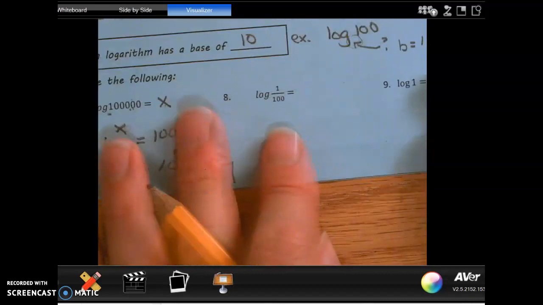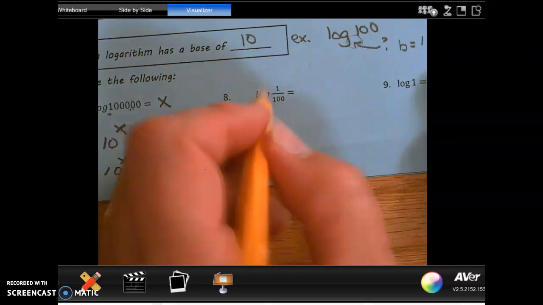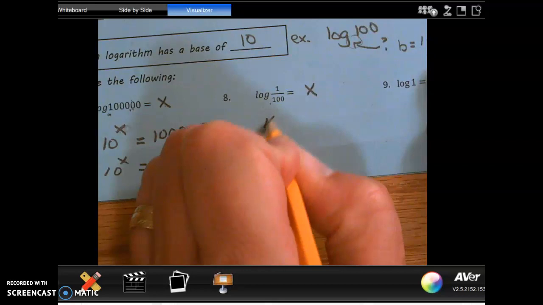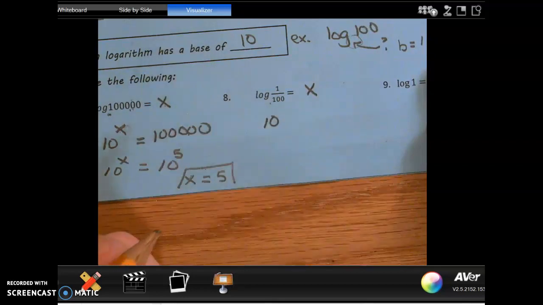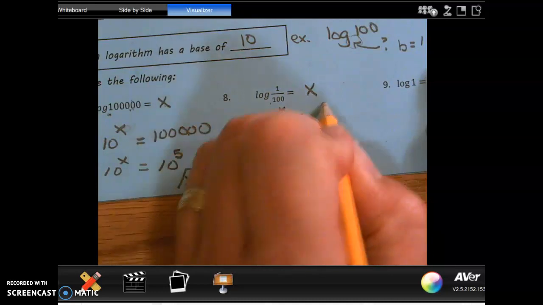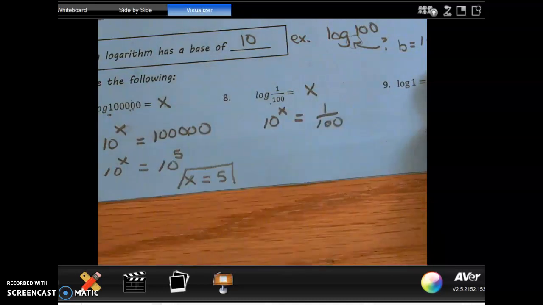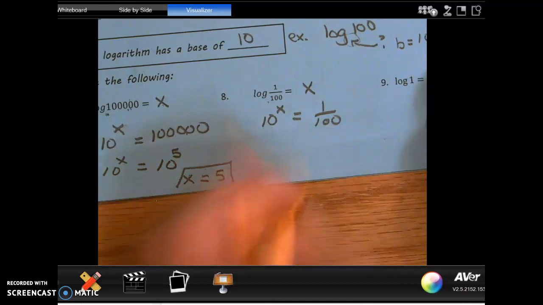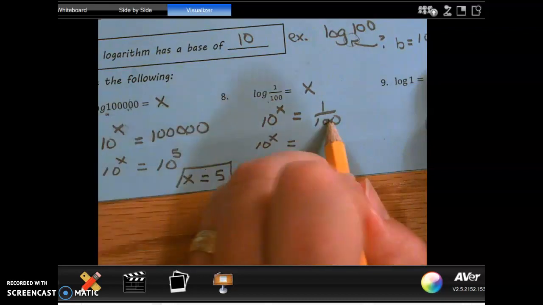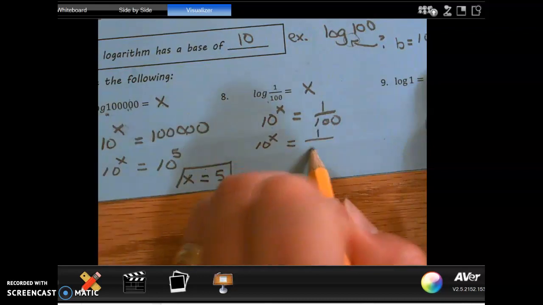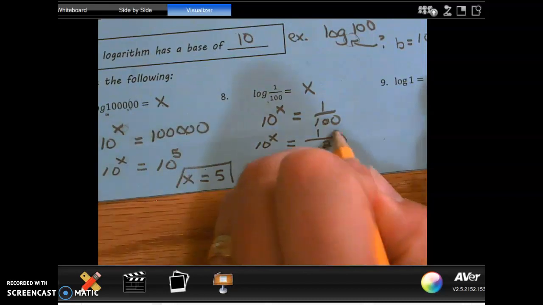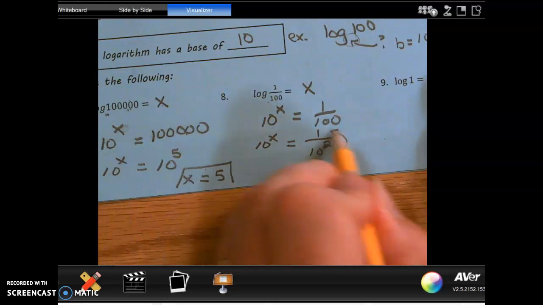All right, let's take a look at this one. Again, converting it. This is a common logarithm, so 10 raised to the x power equals 1 over 100. Remember, we want to make the bases the same. So we are going to make this base 10, which would be 10 squared. Then remember, we need to move that base to the numerator.